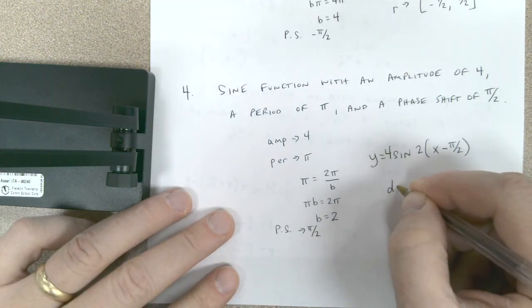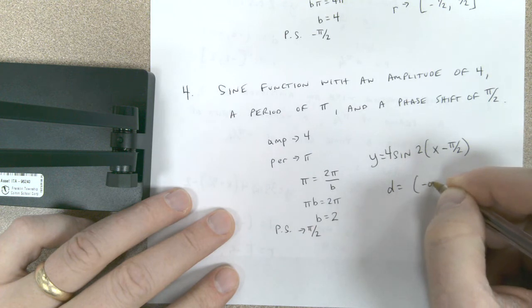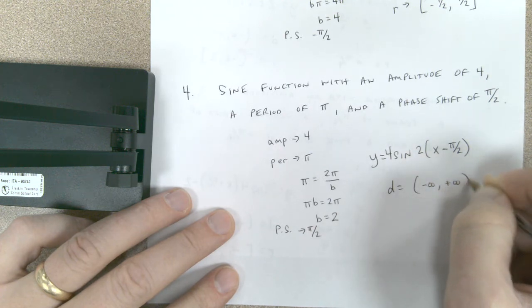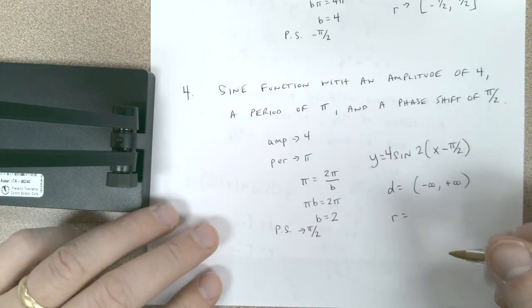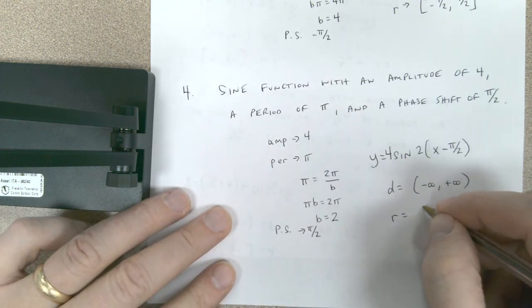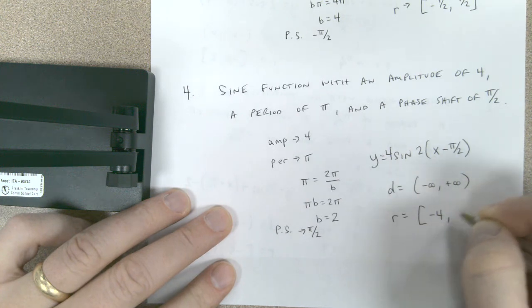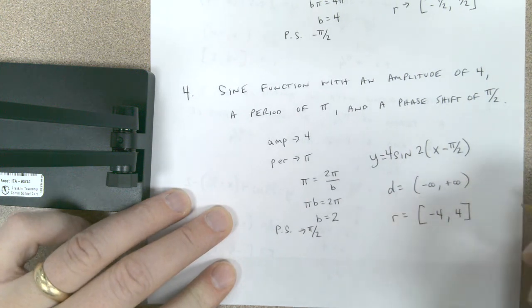If I'm identifying the domain, again, domain negative infinity to positive infinity, and then my range on this one, because there's no vertical shift, it's going to start down at negative 4 and go all the way up to positive 4.